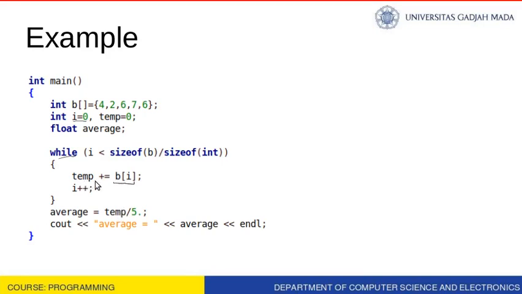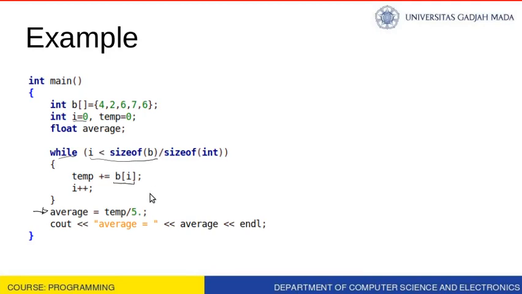So temp will be added by B0, B1, B2, B3, and B4. After that, when i equals 5, this is false, then it will go to the next line. And we have 25 divided by 5. So this is another way to access an array rather than using for.